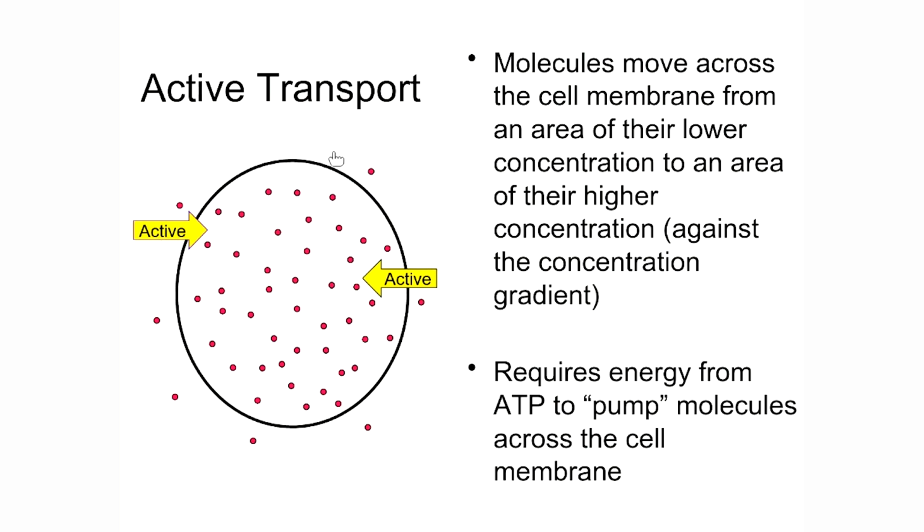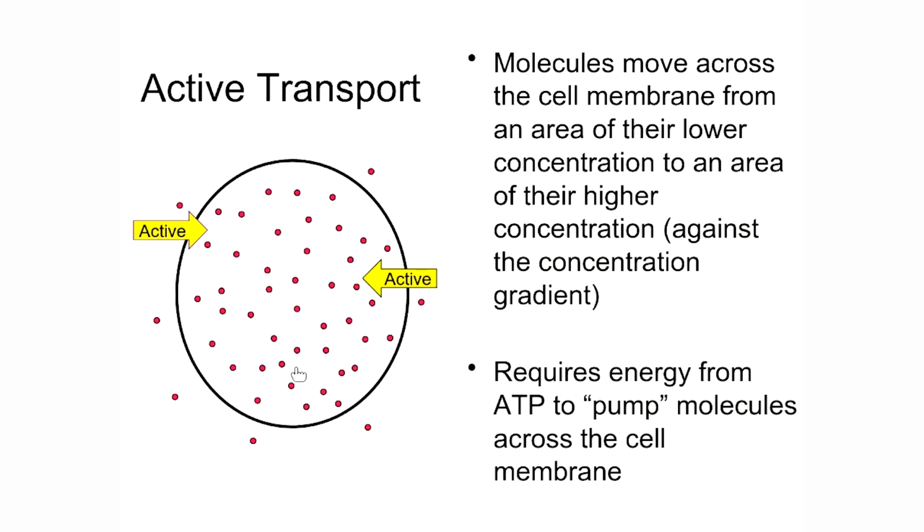What the cell has to have is little pumps that are embedded in its cell membrane that bind to these molecules that are out here and use energy in the form of ATP to take that molecule and pump it across the cell membrane so that we are getting movement of this molecule from an area of its lower concentration into an area of its higher concentration. So that's why ATP is needed with active transport, because it's needed to run those pumps that are moving these molecules from a lower concentration to a higher concentration.